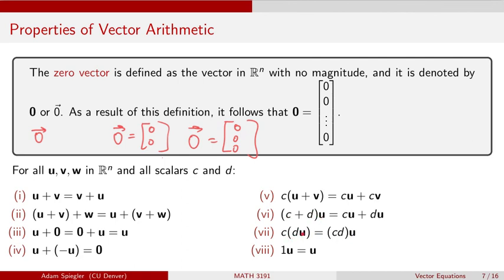And we have a similar associative rule with scalar products. So if I take c times the vector du, it's the same thing as taking c times d and then multiplying by u. And all of these properties are not too tricky to actually prove and verify that they work. So if you want to convince yourself of these properties, it's not a bad idea to try and prove that they work in the general sense.